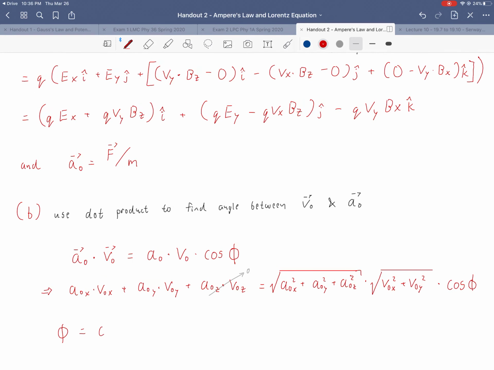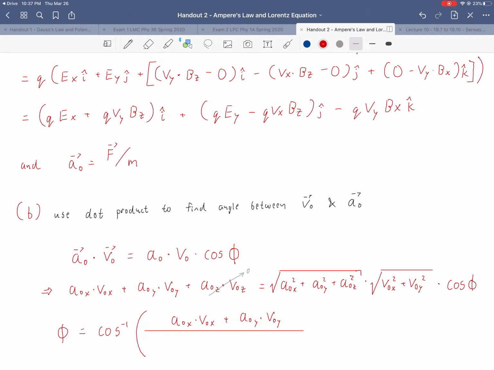And so then phi would just be equal to cosine inverse. And here I'm going to use the magic of the tablet to cheat a bit, because I can just take this expression, copy it over, because that's going to be my numerator. Put it right there to make space.